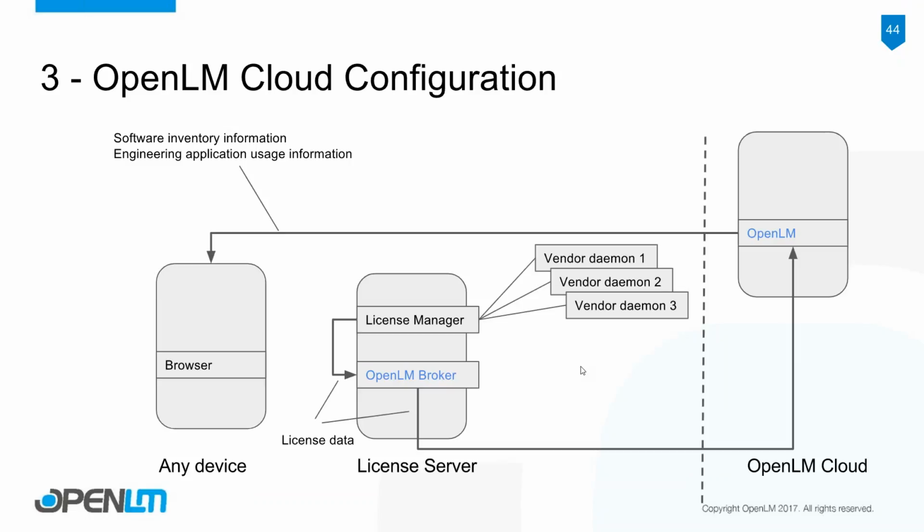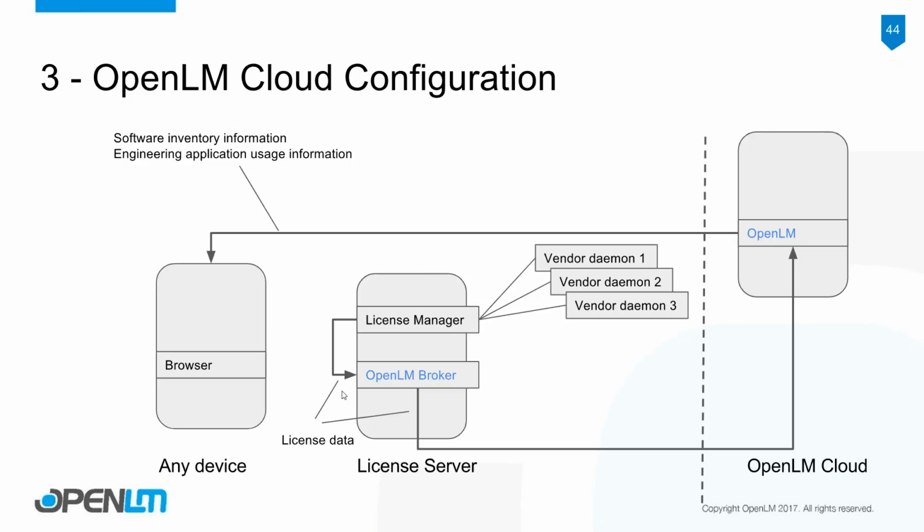In this deployment option, everything is on the cloud except for one component. You only need to install the OpenLM broker on your license server, so it can collect data from your license manager, which it then sends to the cloud deployment via a secured connection. So you can see that vendors transmit data to the license managers.